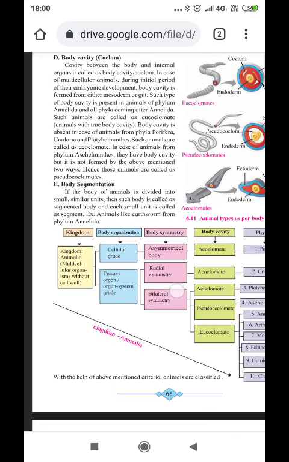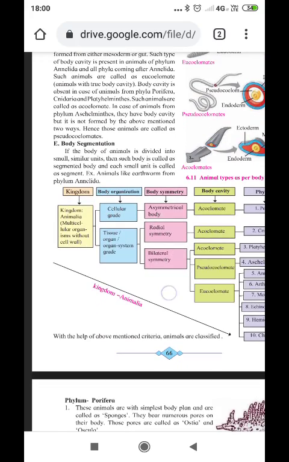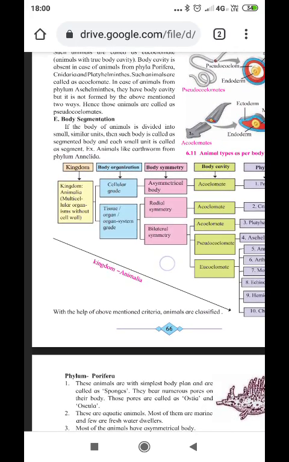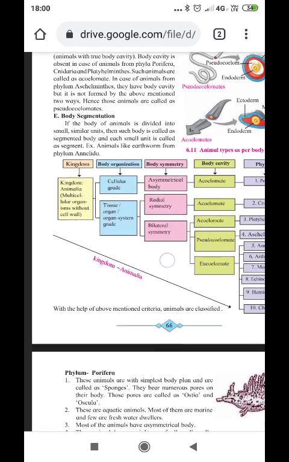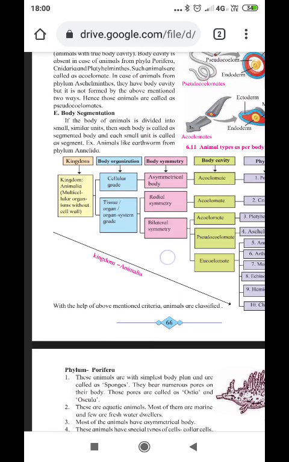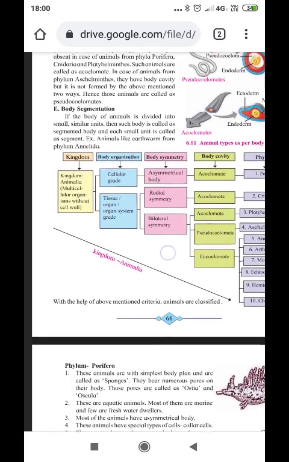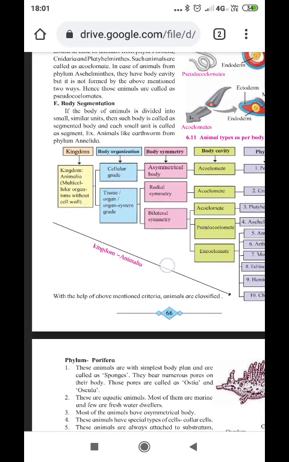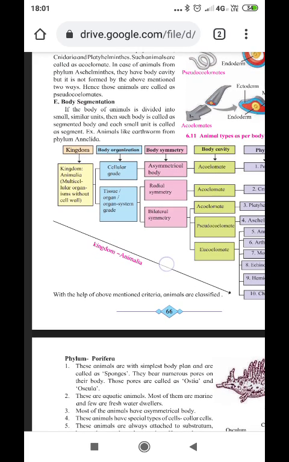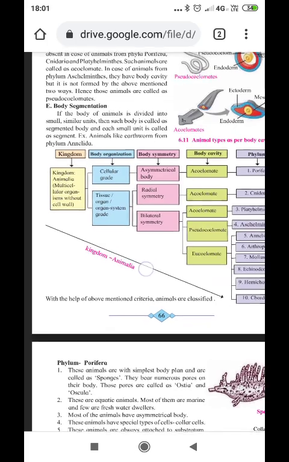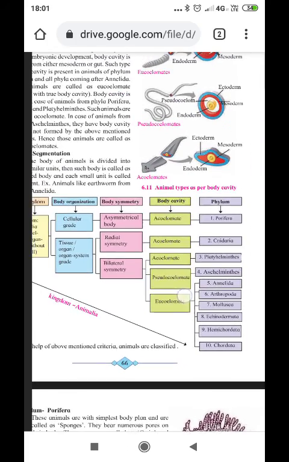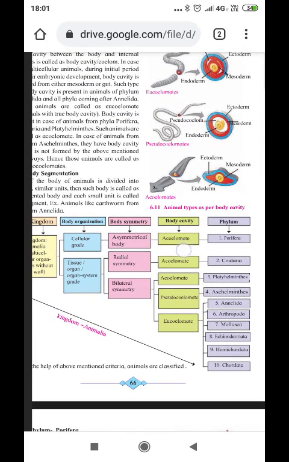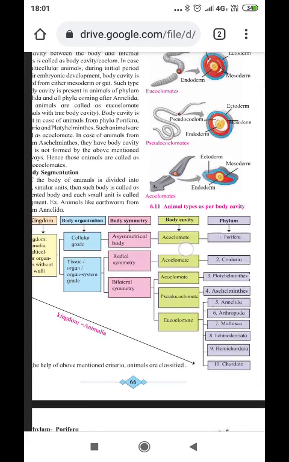Now, body segmentation. If the body of the animal is divided into small similar units, such a body is called a segmented body, and each small unit is called a segment. For example, animals like earthworm from phylum Annelida. Now you can see various types of coelomates in the diagram. Eucoelomates, cavity is there.